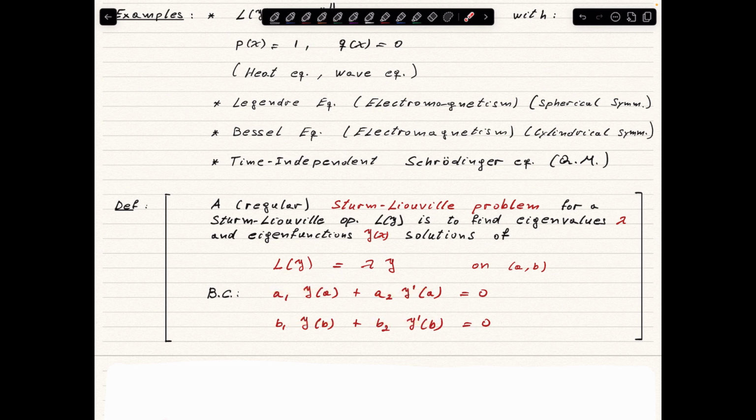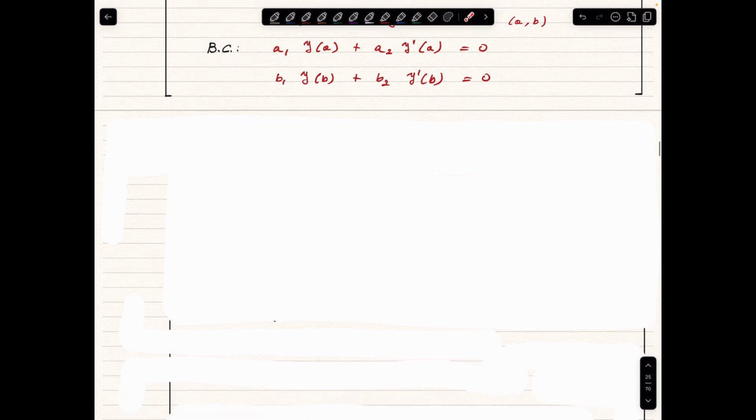So this is a Sturm-Liouville problem, and it's possible to show that the solutions of Sturm-Liouville problems, with L a general Sturm-Liouville operator, have very nice properties, and the properties are summarized in this result.